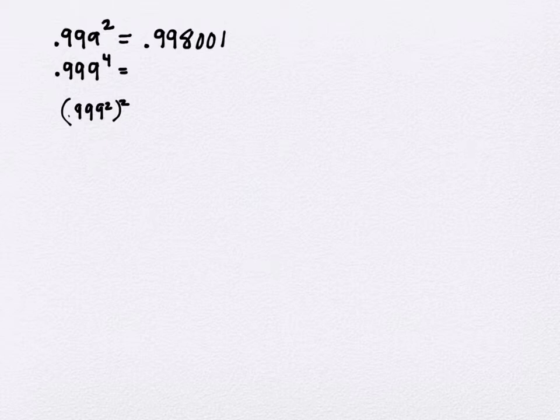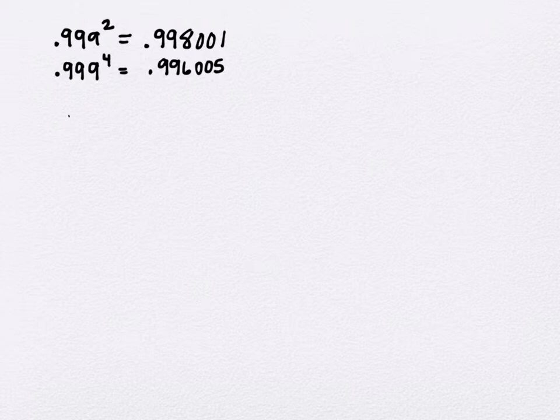When I had you hit squared again, it took the previous answer and squared it. So what do you get on this one? 5 at the end or 6 at the end, it's not a big deal because our calculator's keeping the decimals anyway.